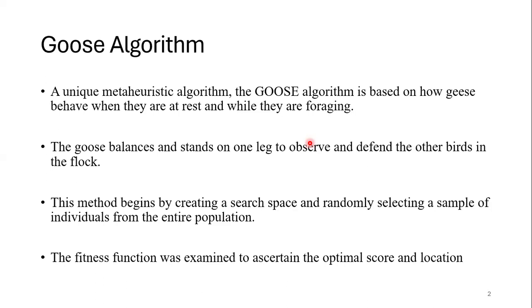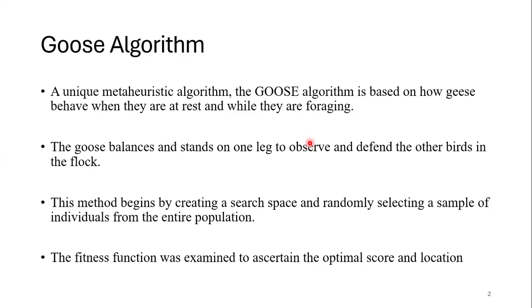The goose balances and stands on one leg to observe and defend the other birds in the flock. So one main goose, as a leader, puts a stone on its leg and observes and defends the rest of the geese in the flock.